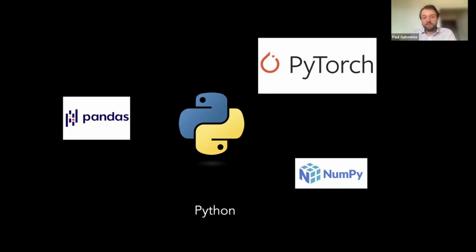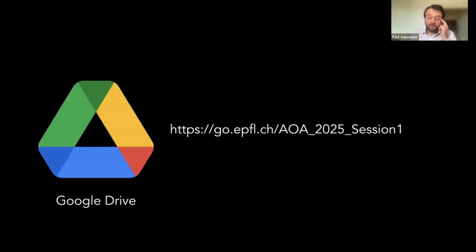So what I've done is setting up an online working environment through Google Colab, which is a free app that is made by Google to allow people to interact and run some Python code. I've put every teaching material at this address.